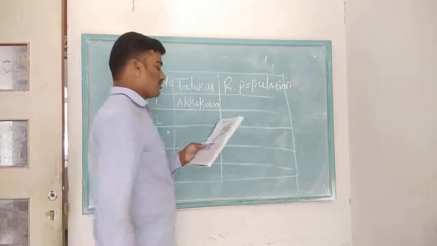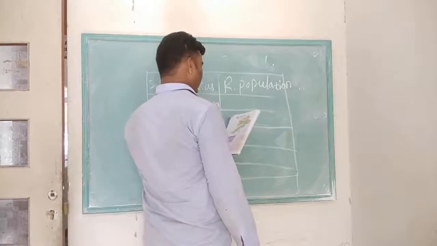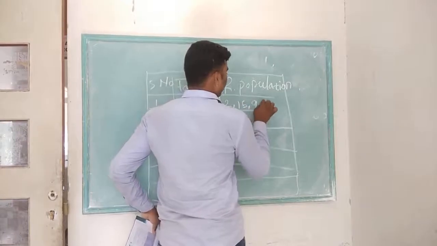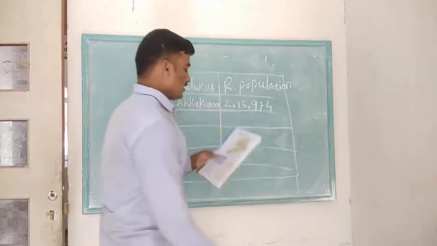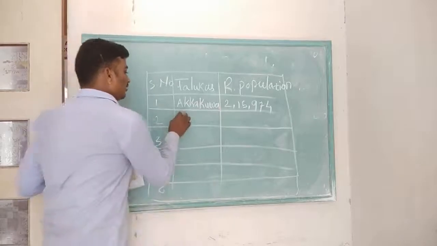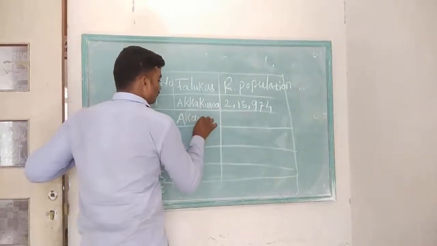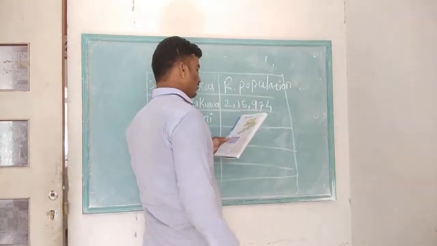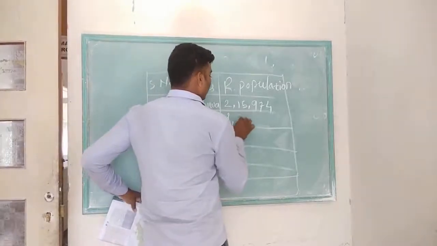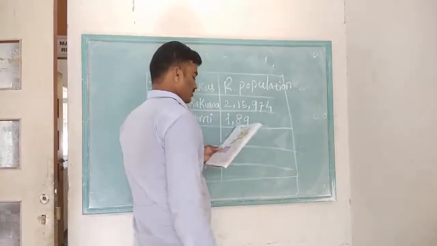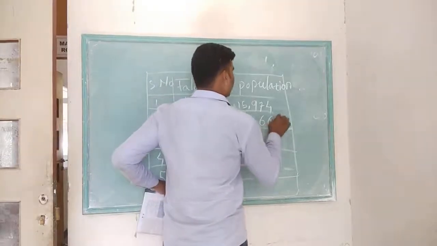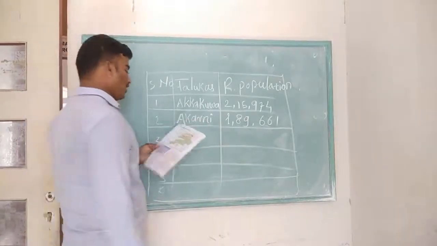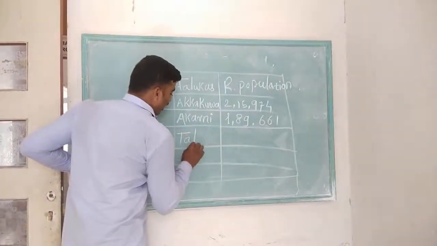So what is the exact population given here? 2,15,974. Next taluka, Akarni taluka, 1,89,661. Next taluka, Taloda.